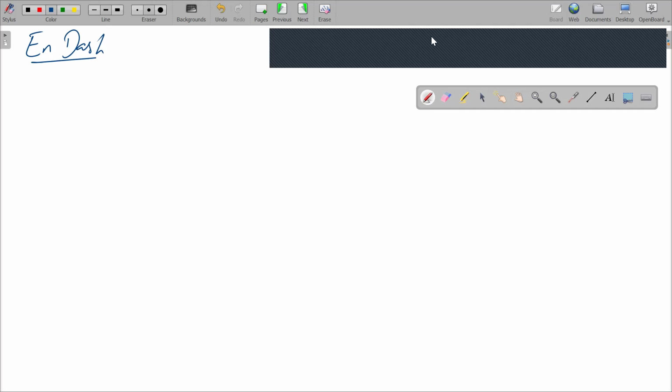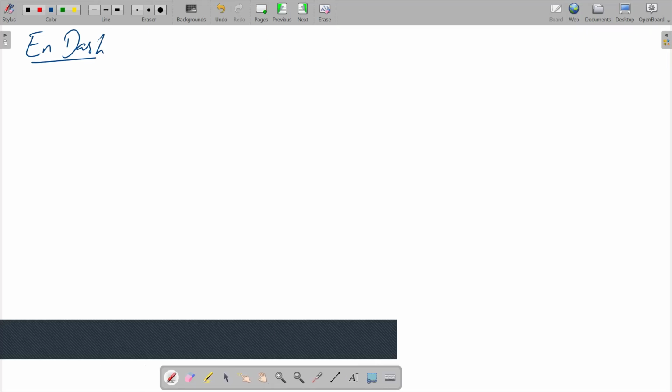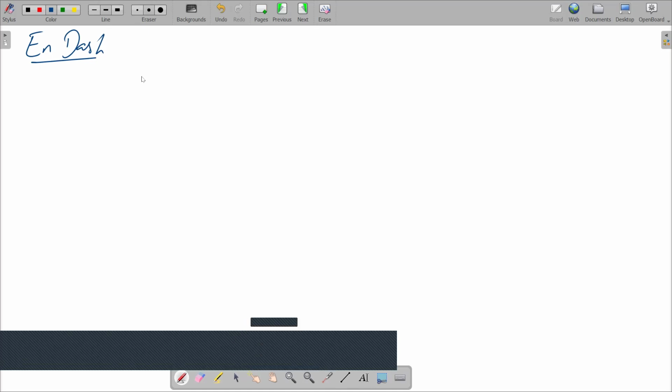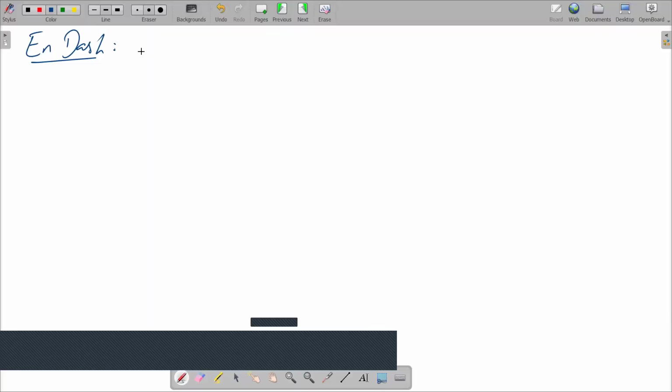Okay, the en dash is simpler. Not to say that it is complicated, the en dash. Right, it has 2 to 3 functions, if I'm not mistaken. 2, yes. Achha, the way it's written is that it's shorter than the em dash, right?